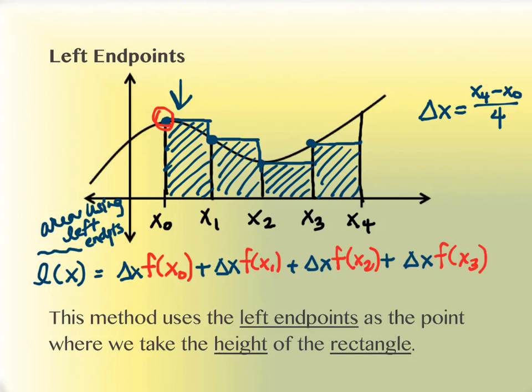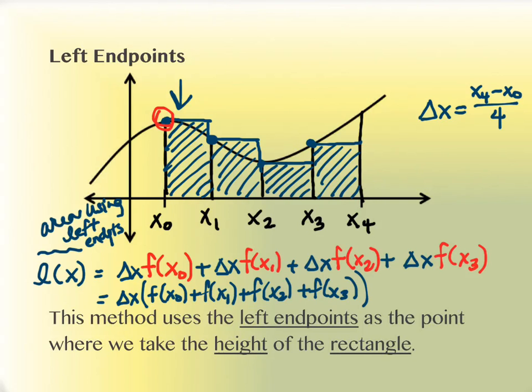There's nothing wrong with this expression, how it's written out, but there is a simplified way we could write it. You notice there's something in common in every single one of those terms, right? Yeah, it's that delta x. So I'm going to factor that delta x out. And if I do that, I'm just adding the four heights together. Now, in terms of actual computation, this is very handy.